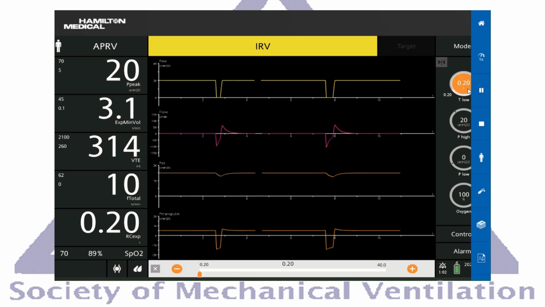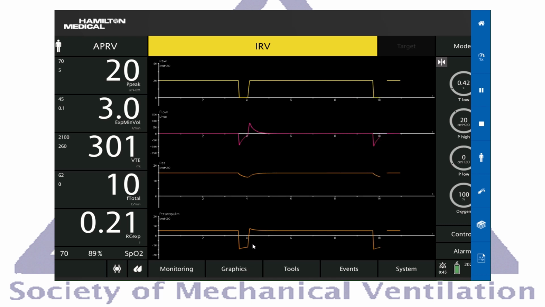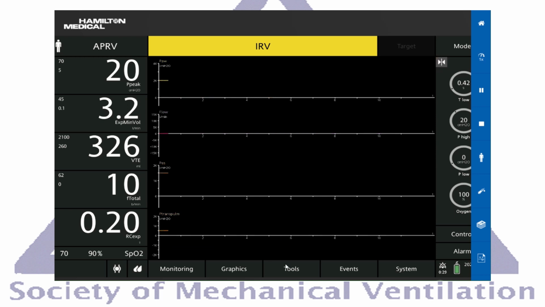If you make it longer, your release volume will be higher, but at the expense that if the T low is long enough, the airway pressure might go back to atmospheric, to the point that you collapse the alveoli. Let's see if the ventilator is going to let me do an expiratory pause. It did, but not a good one.